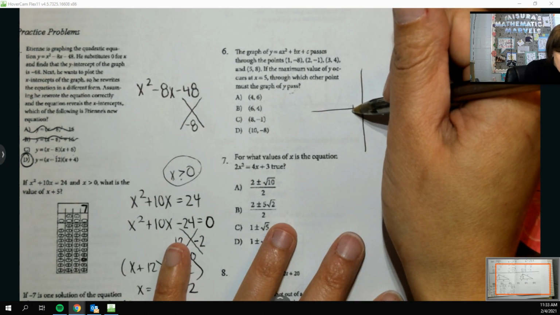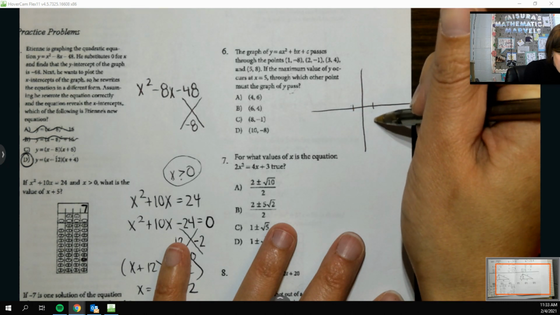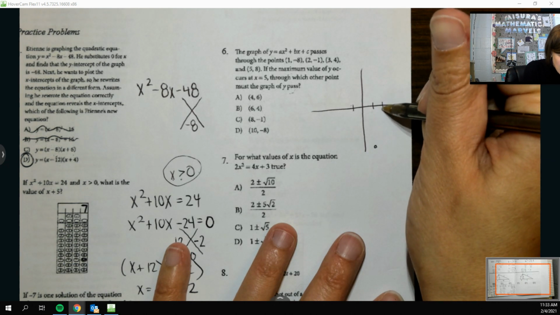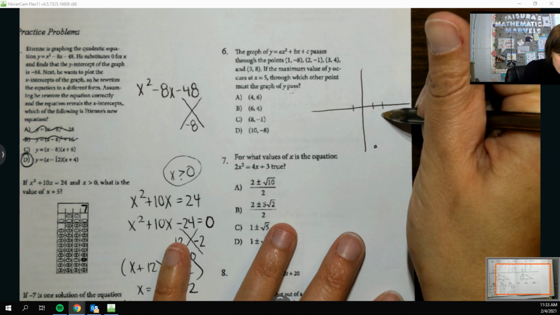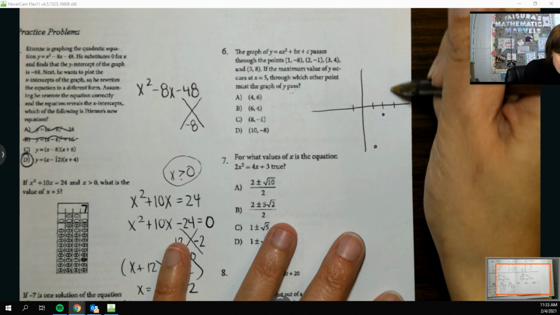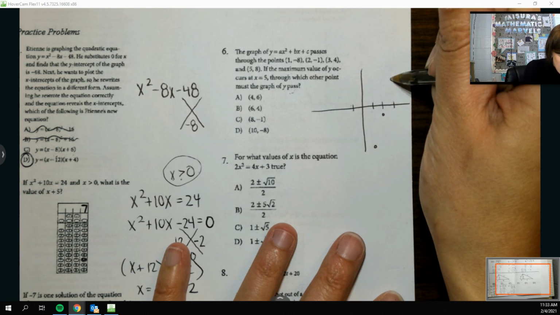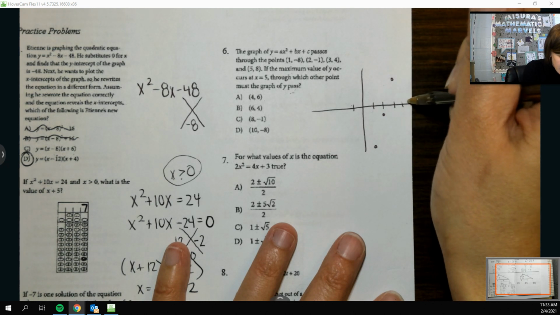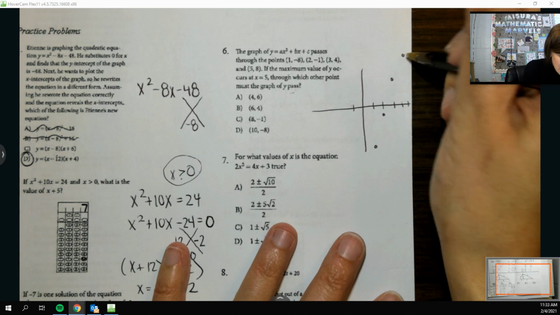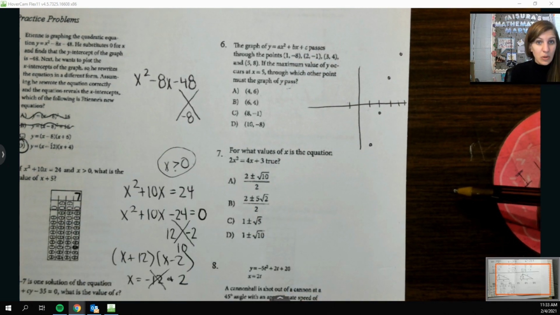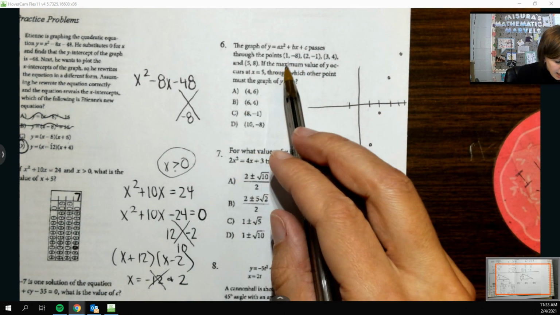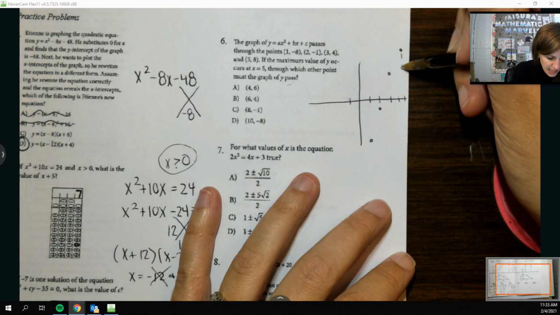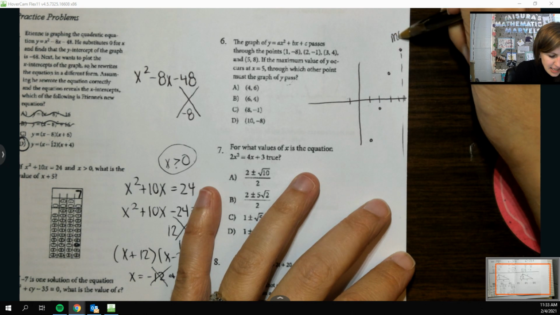So we got 1, negative 8, and then 2, negative 1, and then 3, 4, and then 5, 8. That's weird because this is a quadratic and it's not looking super quadratic-y to me, but if the maximum value occurs at x equals 5, oh, I see. Okay, so this is the max.